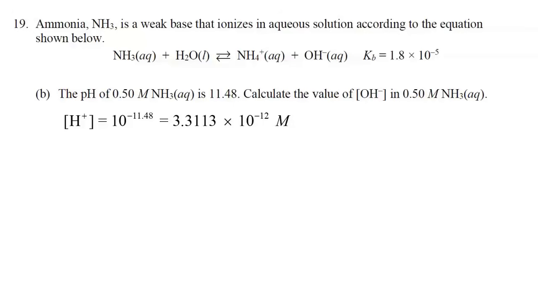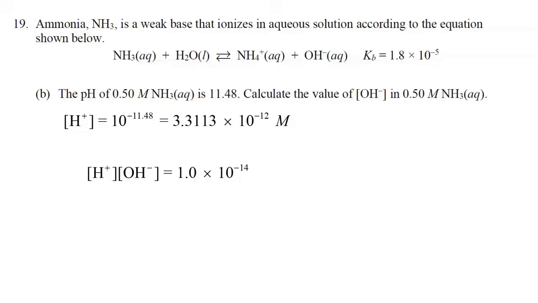Remember, on the equation sheet, you can use the Kw expression to solve for the concentration of hydroxide. According to the Kw expression, the concentration of H+ times the concentration of OH- equals the Kw, which is 1.0 times 10 to the negative 14.